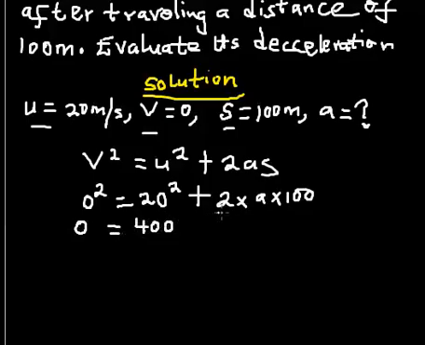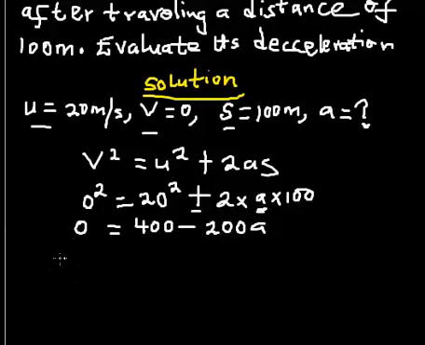Now since this acceleration is deceleration, then definitely this plus will turn to minus, because deceleration is negative acceleration. That's going to be minus 2 times 100, that's 200. All right, so I take this to the other side of the equation.